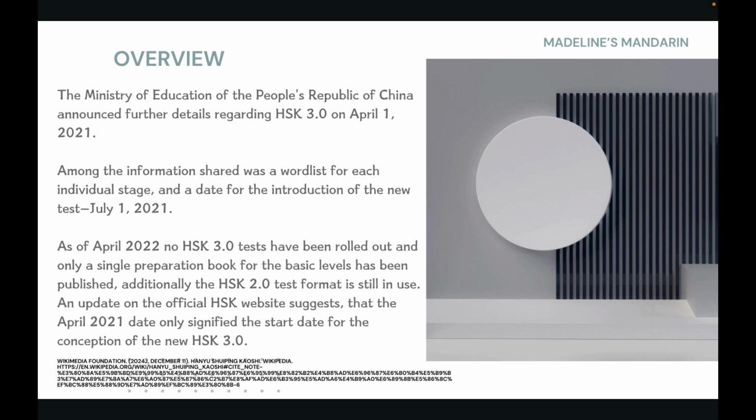As of April 2022, no HSK 3.0 tests have been rolled out, and only a single preparation book for the basic levels has been published. Additionally, the HSK 2.0 test format is still in use. An update on the official HSK website suggests that the April 2021 date only signified the start date for the conception of the new HSK 3.0.